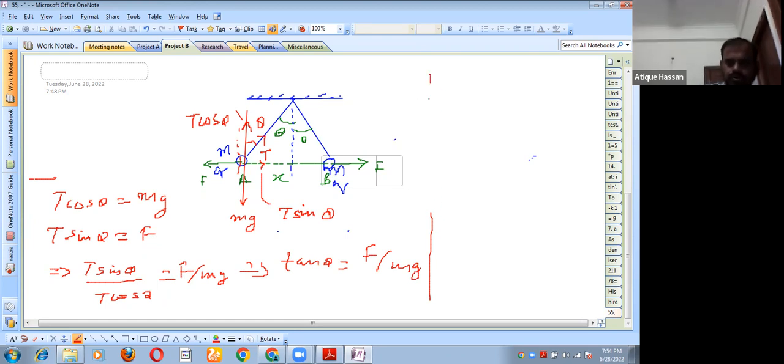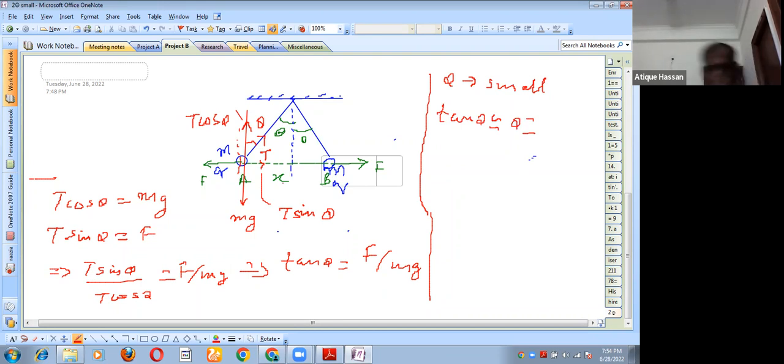Now, here theta is small. So if theta is small, tan theta can be approximately written as theta. And theta is approximately x upon L. Getting my point?